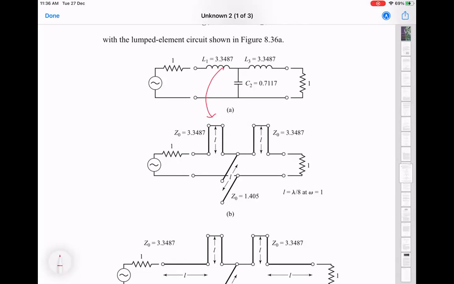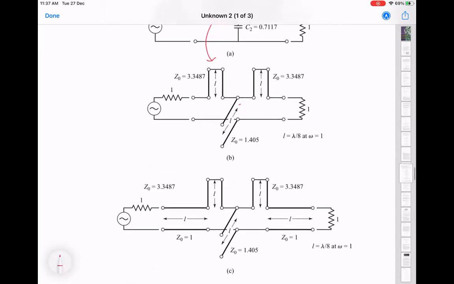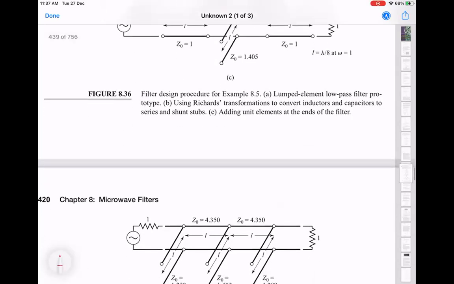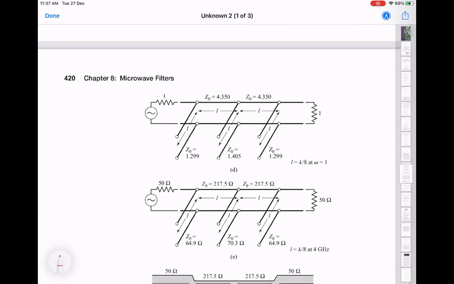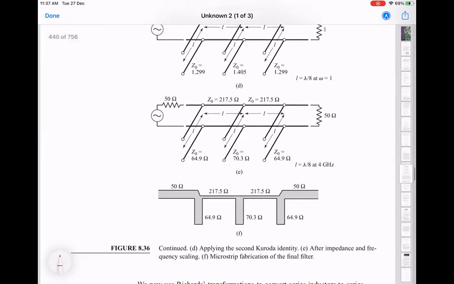And then the C has been replaced by this open-ended transmission line like this. Okay. So this is the equivalent circuit for that. And you can have more sections. And the thing is, these kinds of things are possible to do very easily in a microstrip geometry, right? So this is a microstrip geometry design shown here.